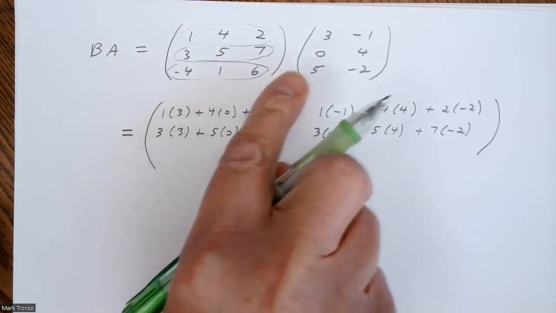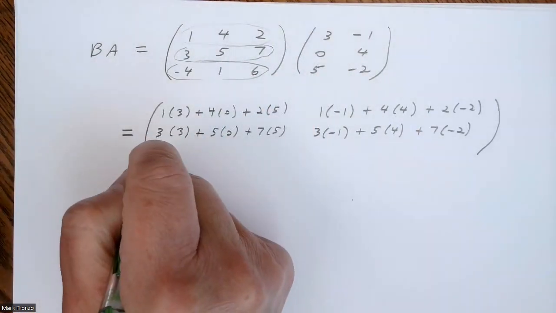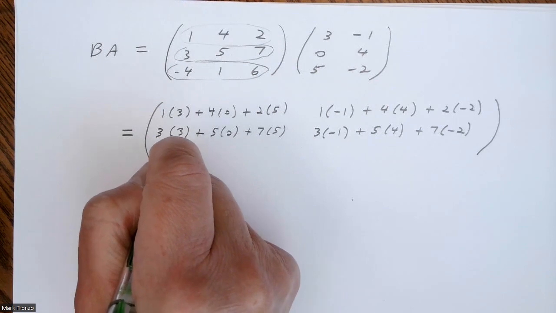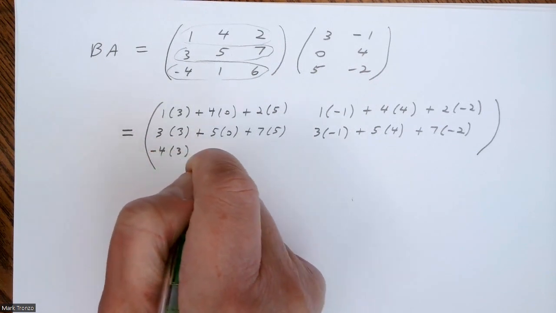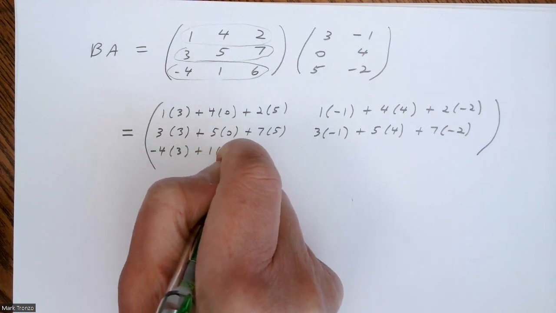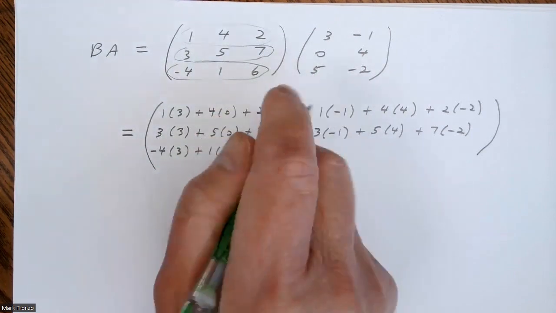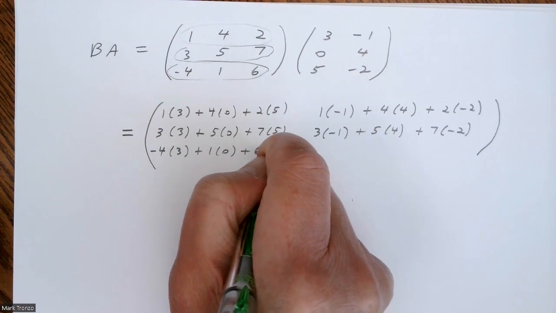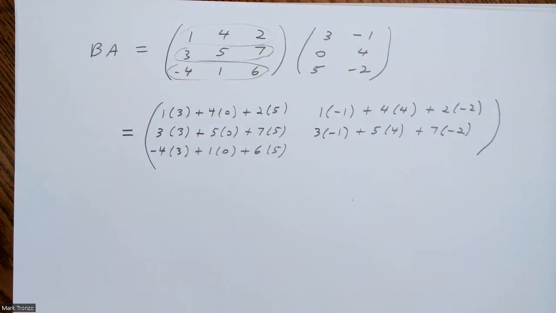Multiply this times the first column. So we have minus 4 times 3, 1 times 0, 6 times 5, like that.